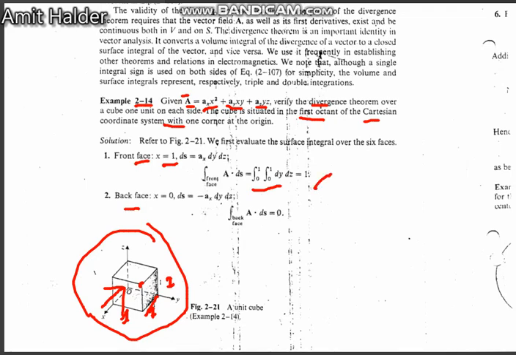You will find 1. In back face, that means the other side, x is equal to 0, dS is equal to minus a_x dy dz. The back face A·dS is equal to 0.